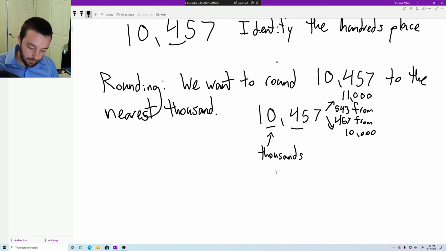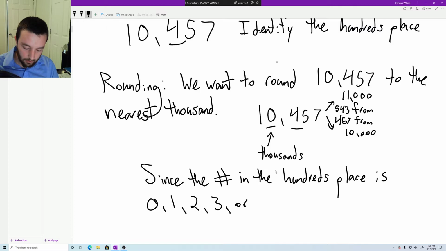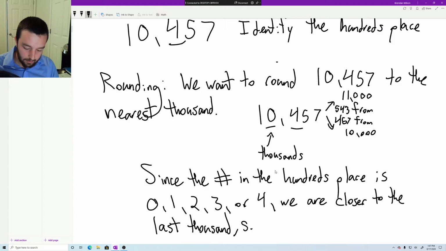So since the number in the hundreds place is 0, 1, 2, 3, or 4, we are closer to the last 1,000, so we do what's called rounding down, okay?